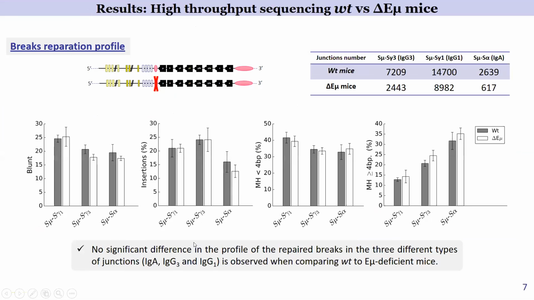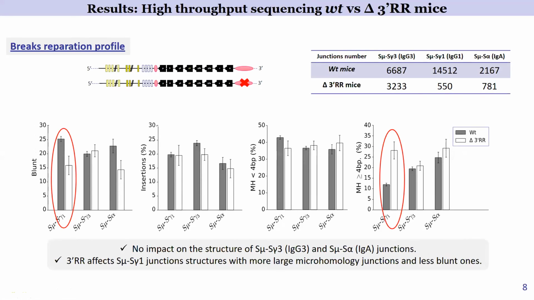The analysis of the break repair profile showed no effect of the deletion of the E-mu enhancer on the junction profile in all three isotypes, IgG1, IgG3, and IgA, in all of these different structures. While it's not the case in the 3' RR deletion, where there's an effect on the switch mu, switch gamma 1 junction structures, with more microhomology junctions and fewer blunt ones.